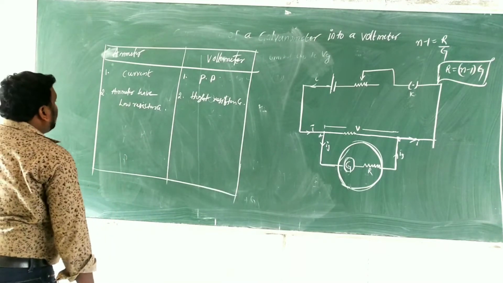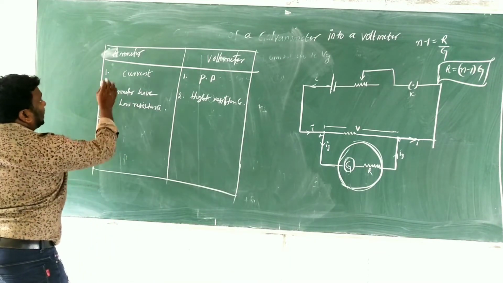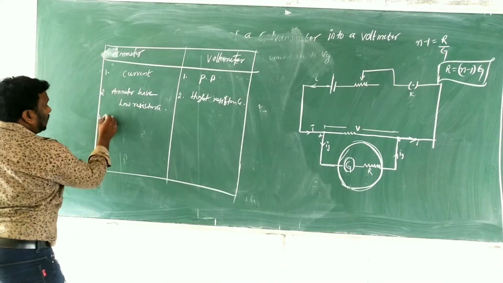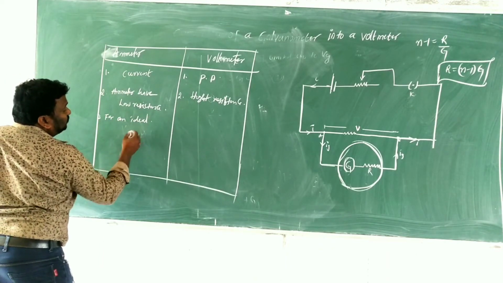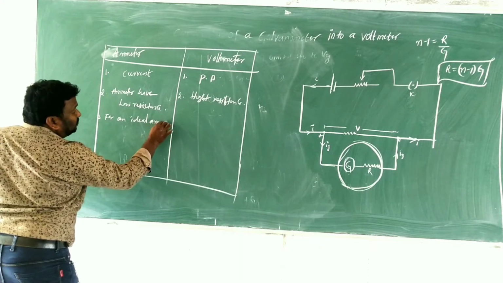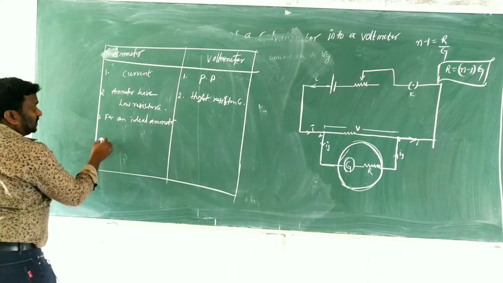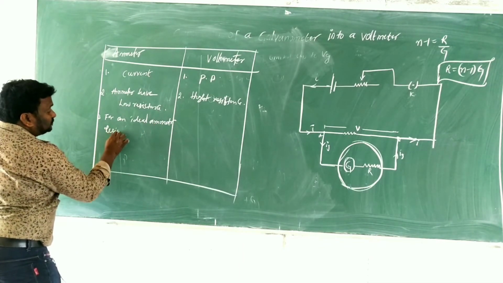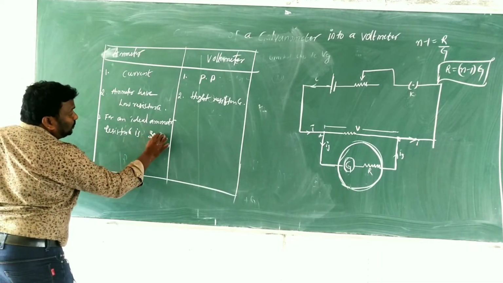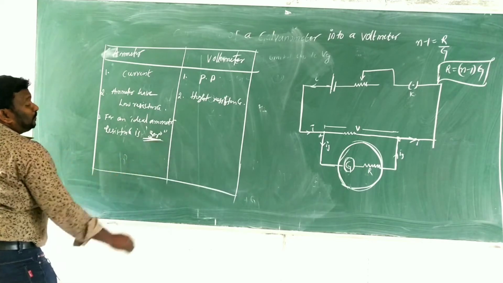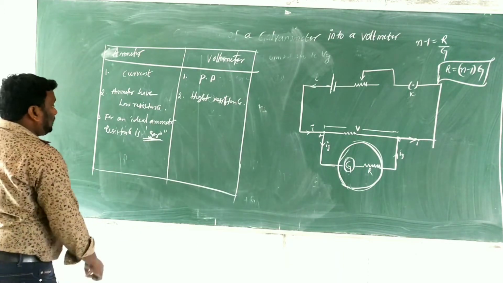Clear? And the third one, children, for an ideal ammeter, the resistance value is 0. But it is not possible in practice. Clear?